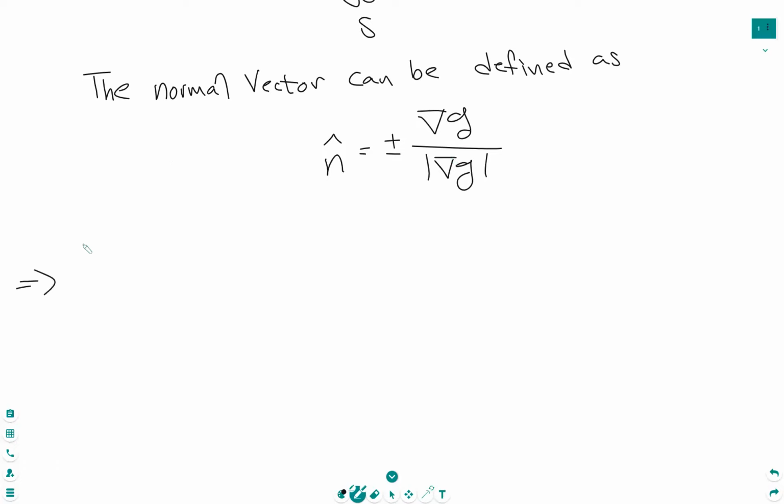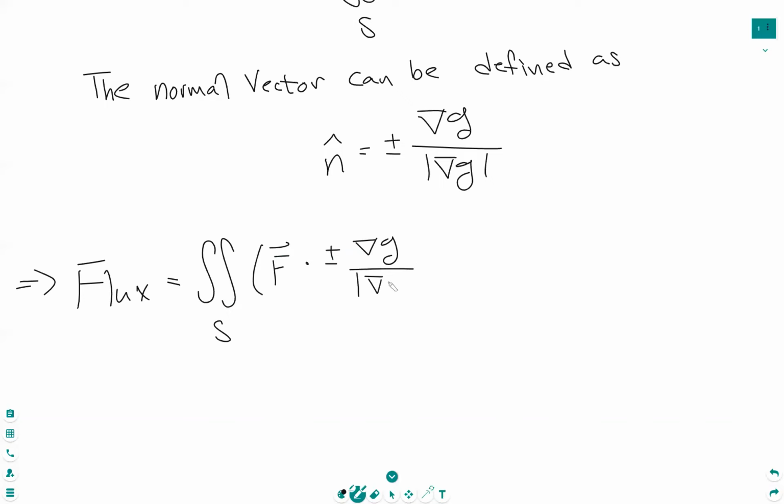So we can go ahead and plug that into our flux. This is over a surface S of F dotted with plus or minus grad G over the magnitude of grad G dS. Now, this is a surface area integral, and we just talked about how we translate these by projections. We know how to calculate surface area integrals now.